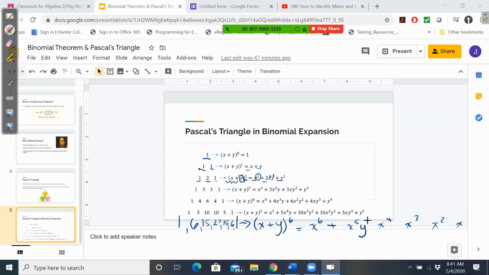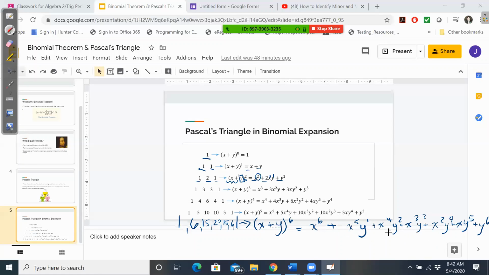So it's going to be y to the 1st power, y to the 2nd power, y to the 3rd power, y to the 4th power, plus y to the 5th power, plus y to the 6th power.